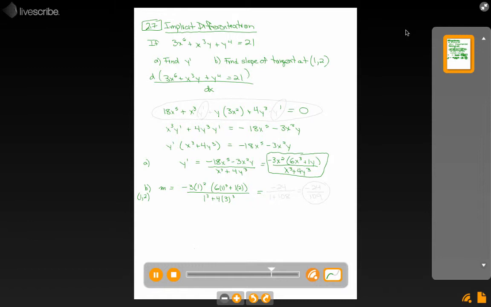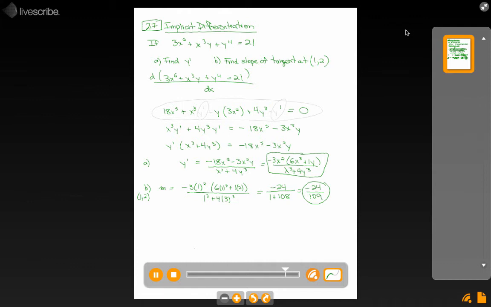And it just becomes dealing with the numbers. 6 plus 2 is 8 times negative 3 is negative 24 on top. And then I have 1 plus 4 times 27 is 108. So negative 24 over 109, not a particularly nice, tidy answer, but an answer nonetheless that does give you the slope of the tangent to whatever that curve actually looks like.